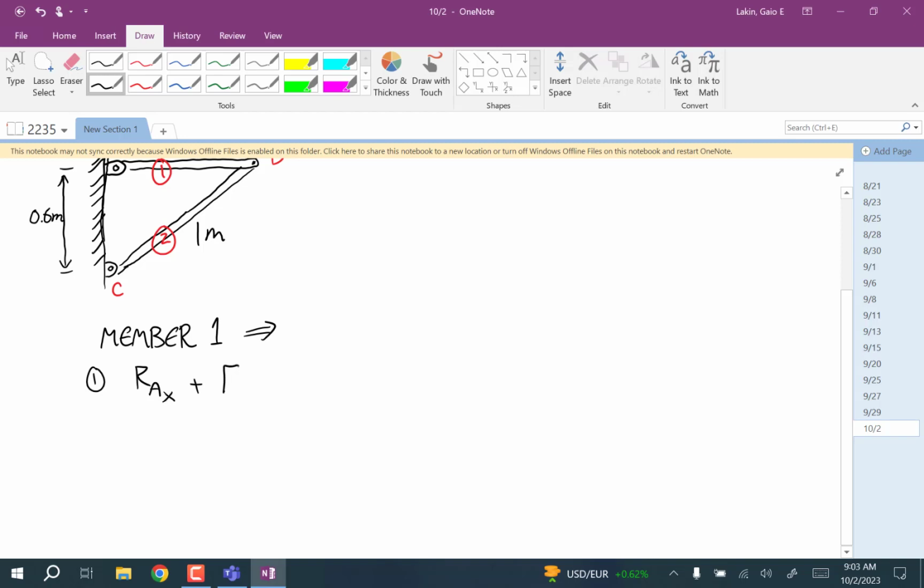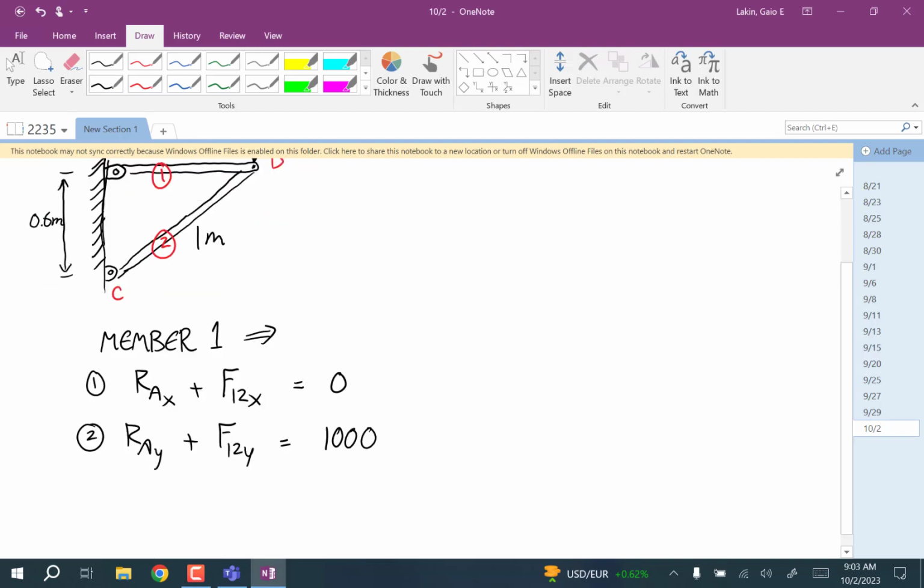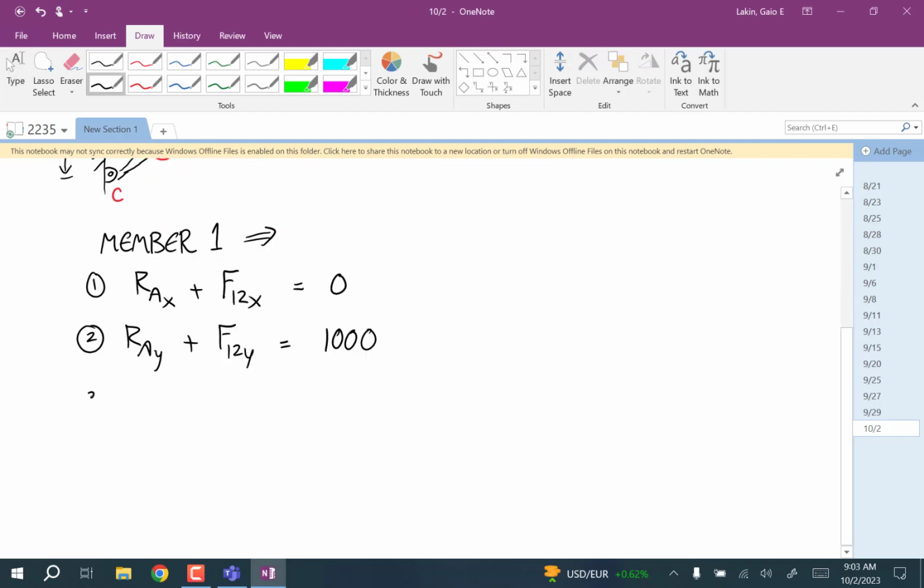RAX plus F12X is equal to 0. RAY plus F12Y is equal to 1,000. And 0.8 F12Y is equal to 800.